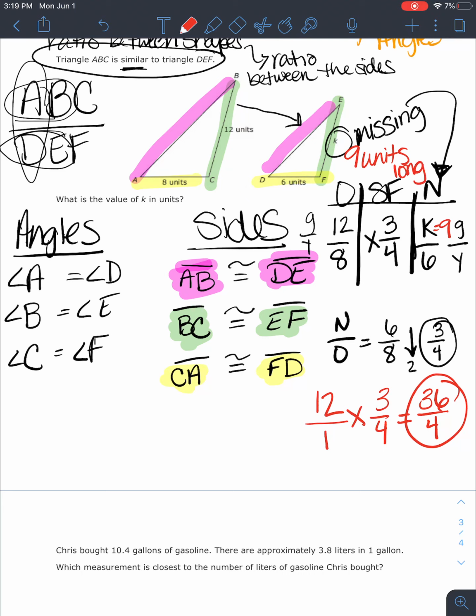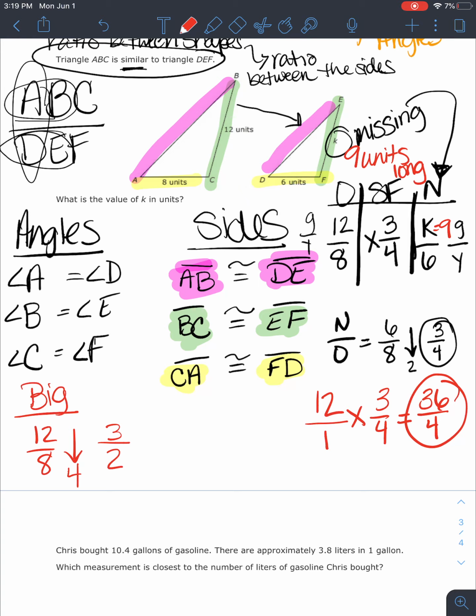Okay. And so when I'm looking at this, I talked about that there's some ratio relationships in there. So if I pull my big shape, what we had was 12 over 8. And if I simplify this, there's a common factor of 4. Then I can get 3 halves.